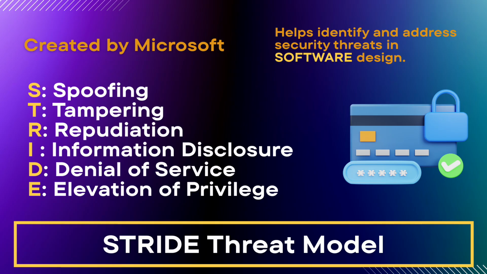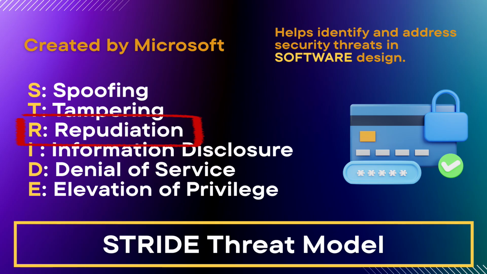So here's the breakdown. S stands for spoofing. Spoofing is when someone pretends to be somebody else, like faking a login or identity. T stands for tampering, which means changing data you're not supposed to, like an unauthorized person altering a file or system settings. Then R stands for repudiation, which is about denying an action.